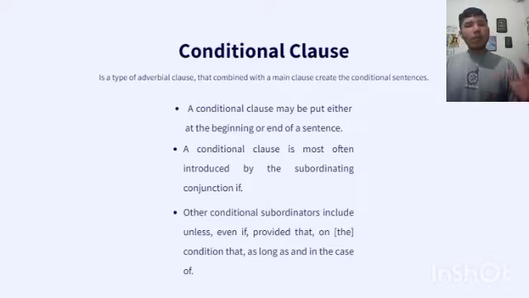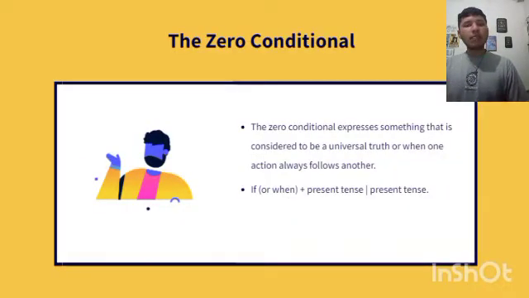But first, we have four types of conditional sentence, and they depend on which are most likely or less likely to happen, whether they are general truths or impossible situations.